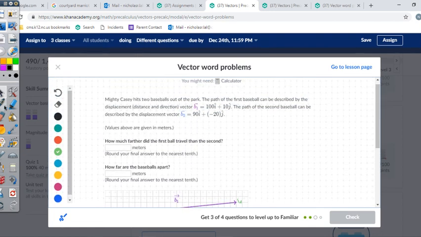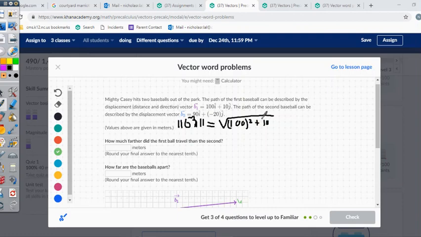So the magnitude of vector B1 is going to be equal to the square root of the sum of the squared horizontal and vertical components. So it's going to be the square root of 100 squared plus 10 squared.